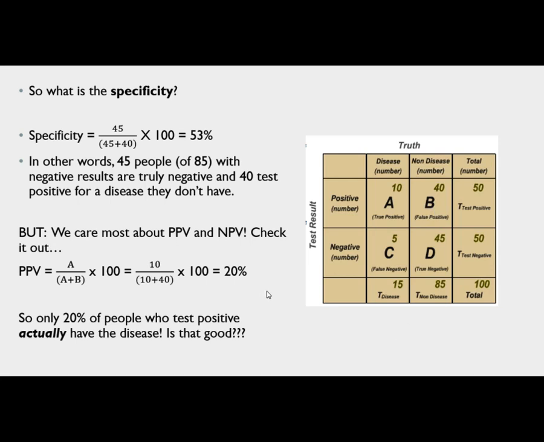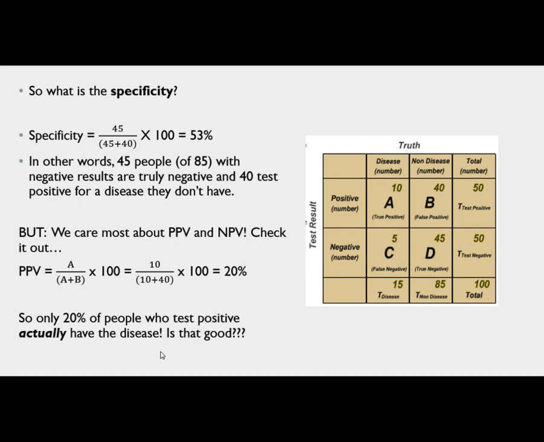But we really care about positive predictive values and negative predictive values. So what's the positive predictive value here? We figure that out by doing A over A plus B, which here is 10 over 10 plus 40. We could just say 10 over 50, and we get 20%. So only 20% of the people who test positive actually have the disease.